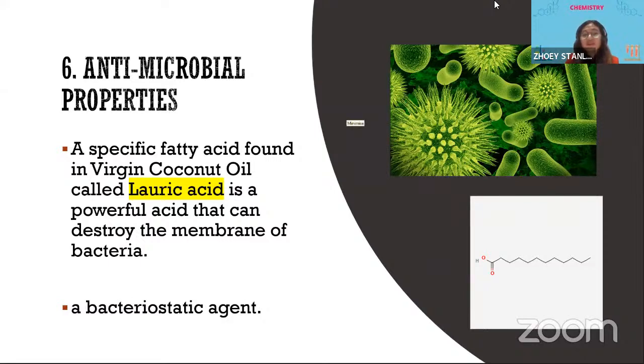More research shows that lauric acid has the ability to prevent bacteria from multiplying without destroying the bacteria itself. Hence, it is called a bacteriostatic agent. Lauric acid disintegrates the virus envelope and inhibits the late maturation stage in the replicative cycle. It also prevents the binding of viral proteins to the host cell membrane. So, next slide, please.